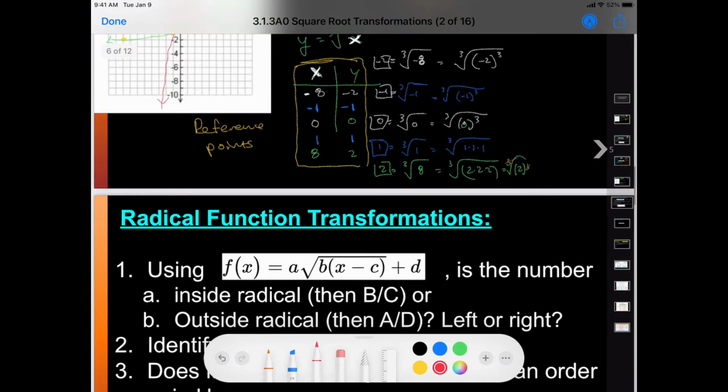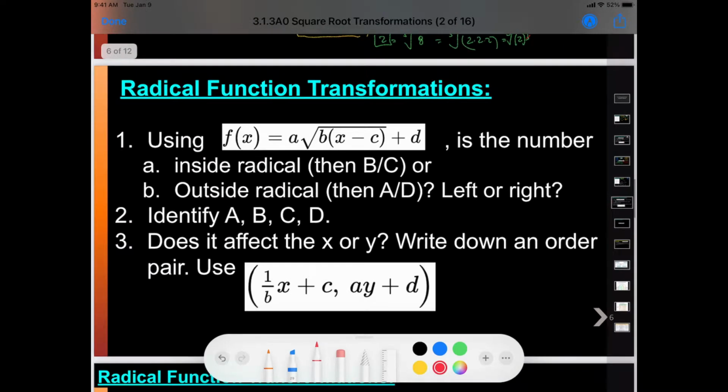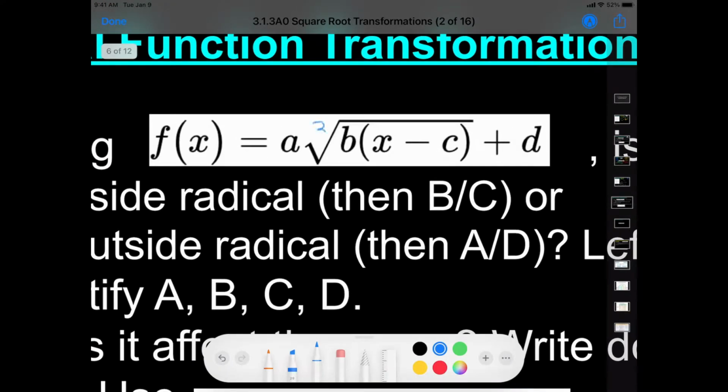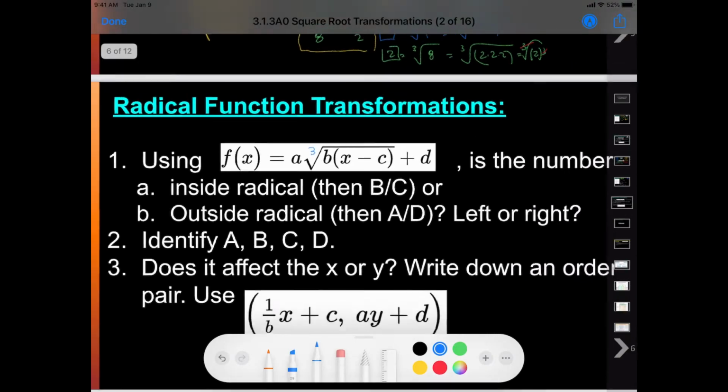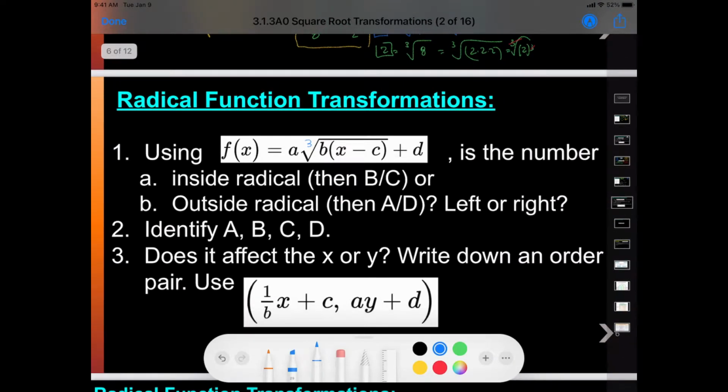So what about our transformations of cube roots? Using f of x equals a times the cube root of b times x minus c, plus d, the question is, is the number, the b, inside the radical?